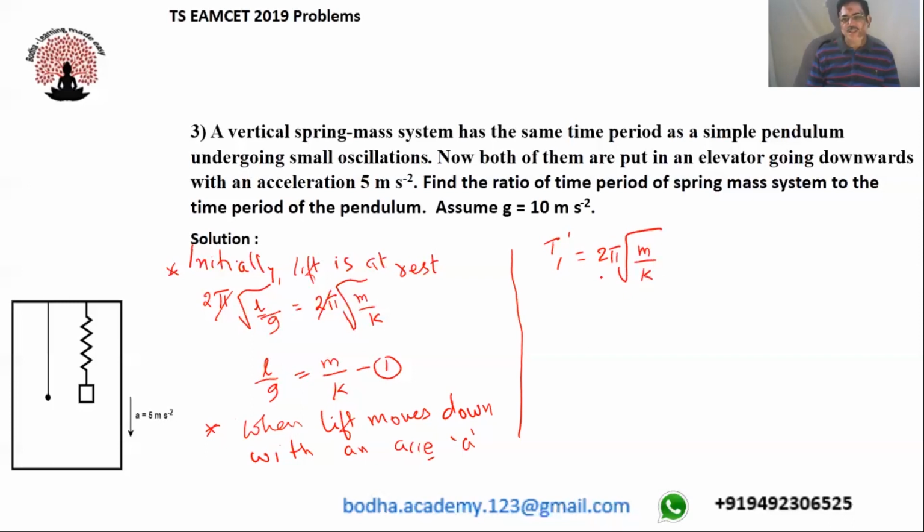This formula is independent of g, so there is no change in time period of loaded spring. For a simple pendulum, T2' is equal to 2π√(L/g), but now the lift is moving down with an acceleration, so g must be replaced with g − a.